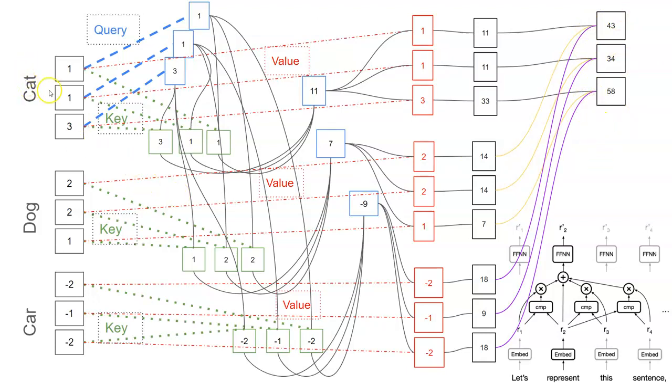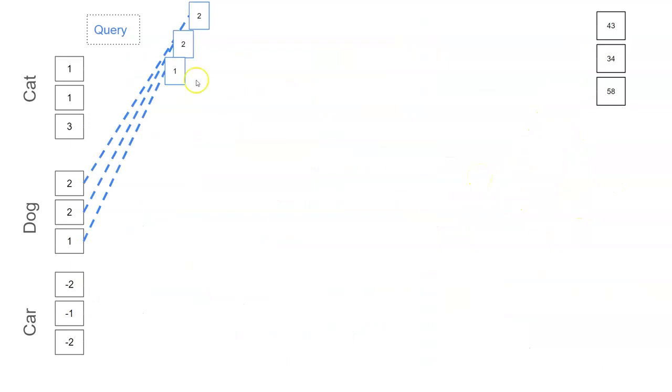Just for the cat. This is the cat's meaning of the entire sentence, looking from the cat. And then we can just put a new forward network, a deep network here if you want. That's this one. Okay. And now we do everything again, but now we are going to focus from the dog's perspective. Now dog is going to look at the cat, and it is going to use its query here.